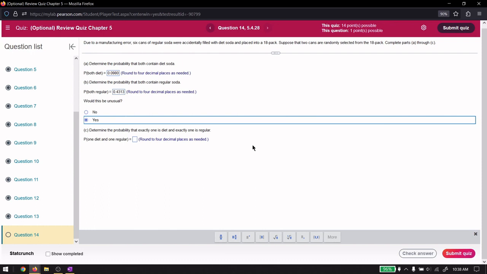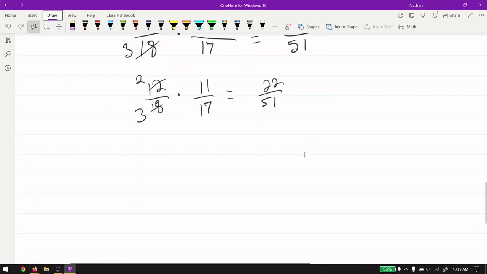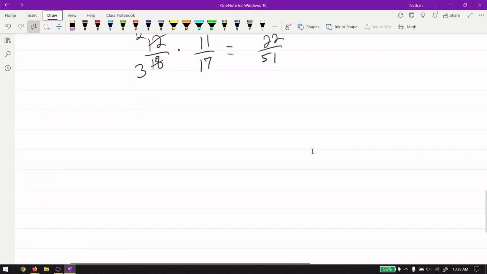Determine the probability that exactly 1 is diet and exactly 1 is regular. When you're drawing 2 cans out of there, there's 2 cases. The first one could be diet and the second regular, or vice versa: the first one is regular and the second one is diet. So we're asking really for the sum of these two probabilities, these two events that might happen.